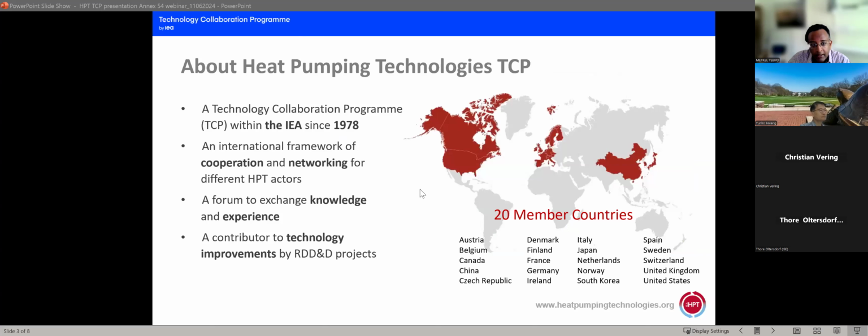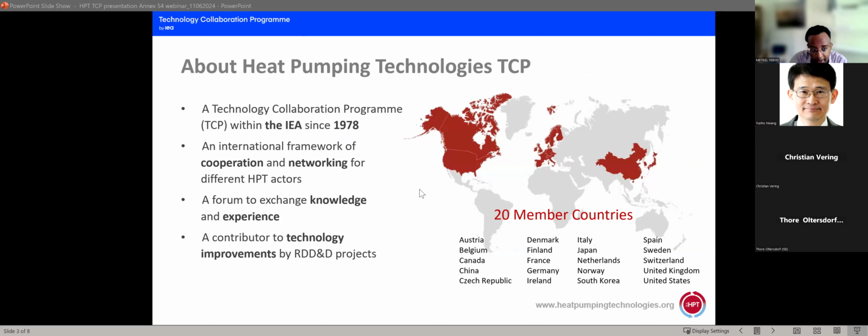And this particular TCP has been running since 1978, and it is an international framework of cooperation and network for different heat pumping technology actors, and also a platform to exchange knowledge and experience.